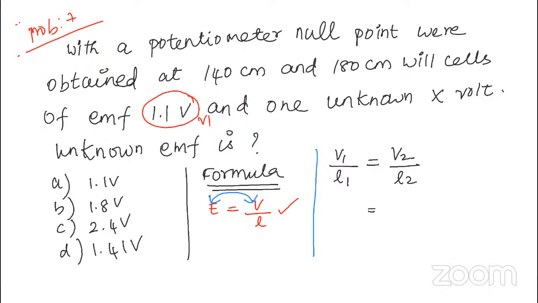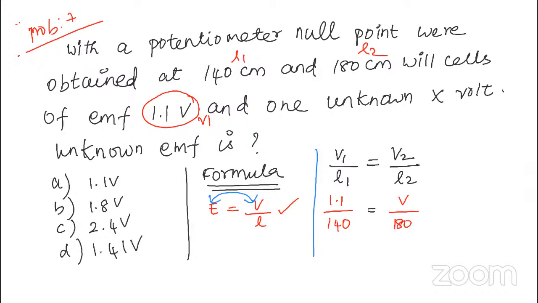And here write the value for V1, it is 1.1, and for L1 it is 140. Here it is the L2, okay. Here it is 1.1 and here it is 140 divided by V into 180.